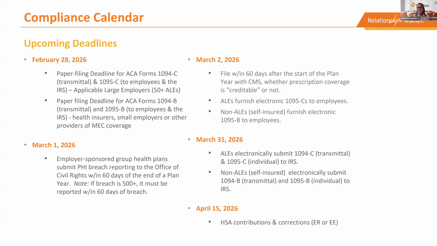It's due within 60 days of the end of the plan year. Now, note if you have a very large breach that is 500 or more individuals, you do need to file a single incident report within 60 days of the breach. And so keep that in mind.